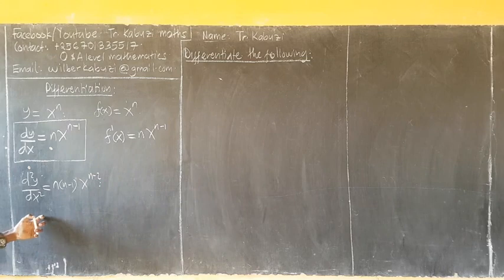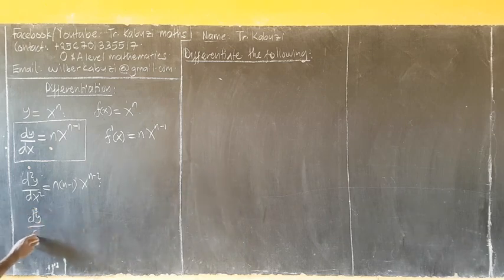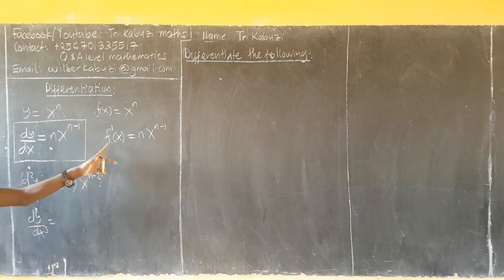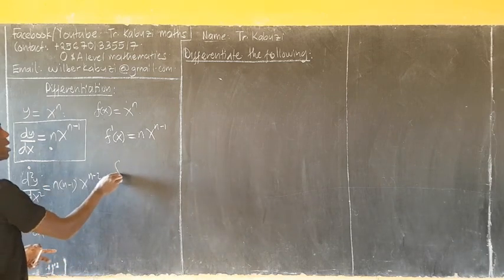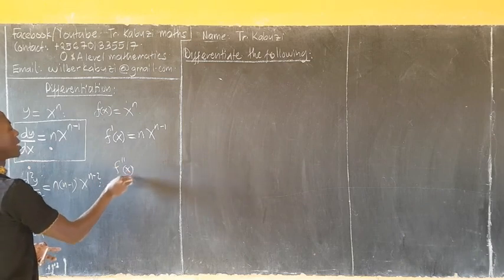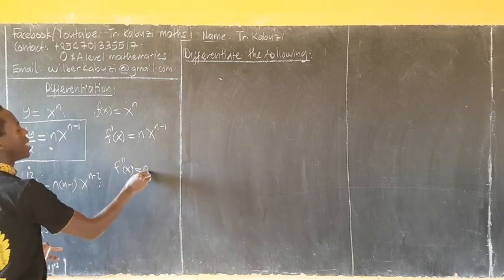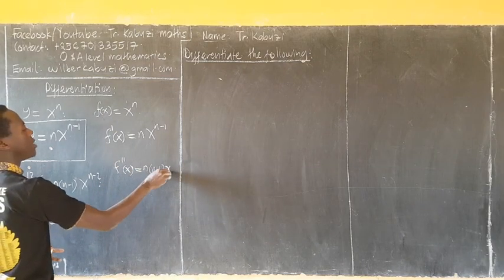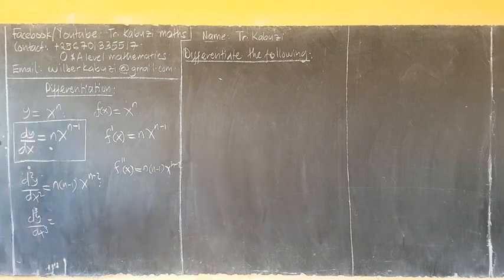So you can go on to get the third derivative, d cubed y over dx cubed. You try out this. The second derivative f double prime of x will be n times n minus 1 times x to the n minus 2.